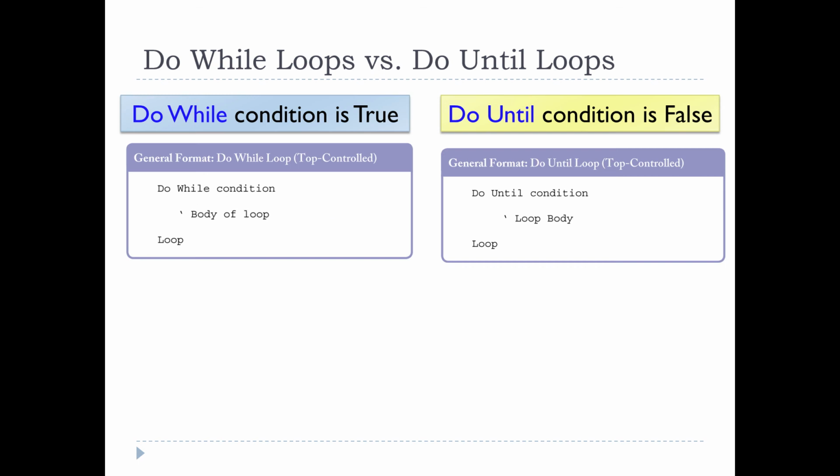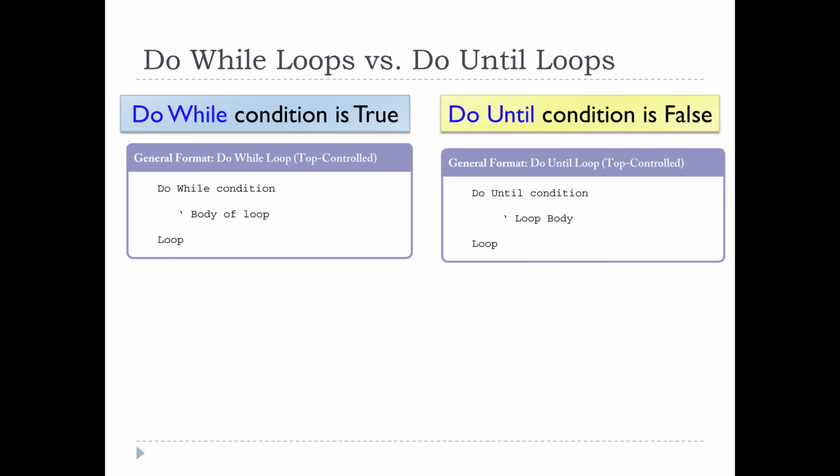So if you want to code this, you can say do while number is less than 5. While that is true, then run the code. On the other side, you say do until number is greater than 5. Okay. So the conditions are opposite of each other.